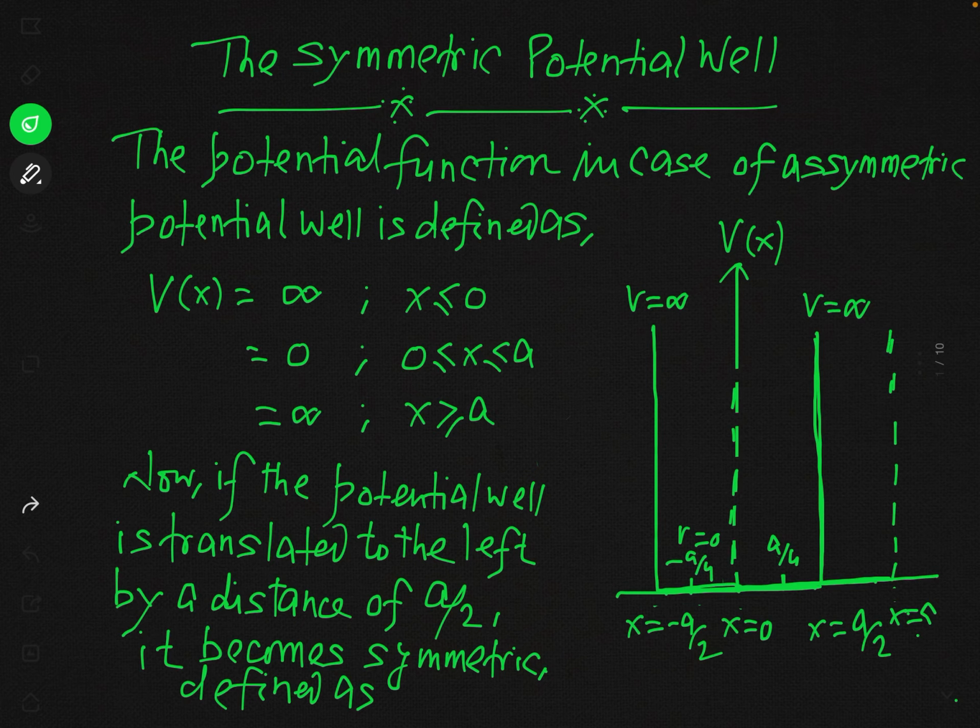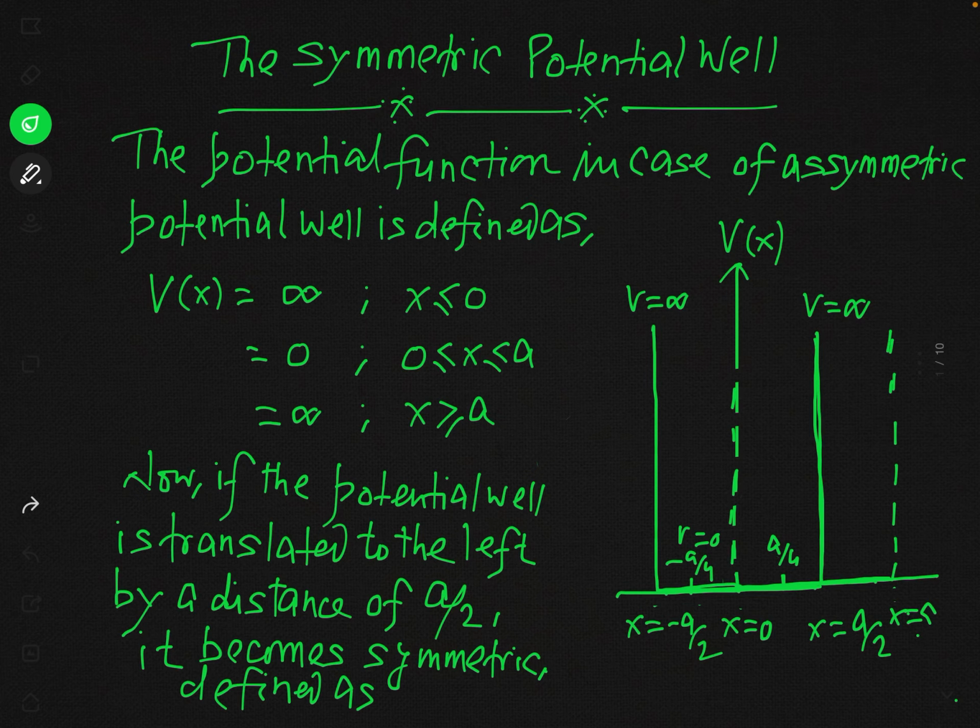You see that the potential at x equal to plus a by 4 and at x equal to minus a by 4 are the same, both are 0. And again, the potential at x equal to plus a by 2 is infinity, and also at minus a by 2 it is infinity. It means you can say that V of x is equal to V of minus x. So the potential function is symmetric.